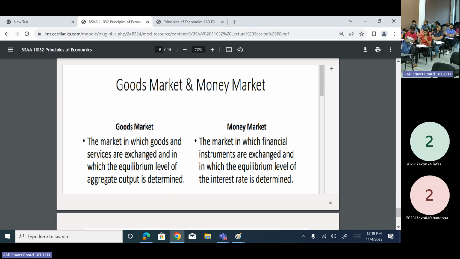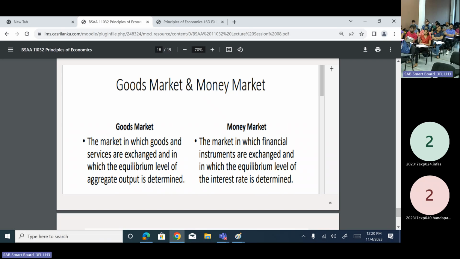In the goods market, we have the demand for goods and supply of goods. That will come from aggregate demand and aggregate supply, for real goods and services. In the money market, we will have money demand and money supply.